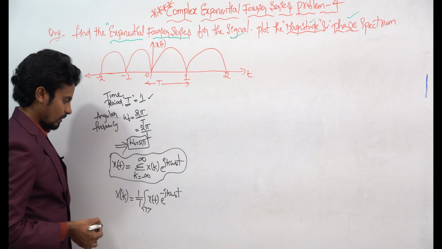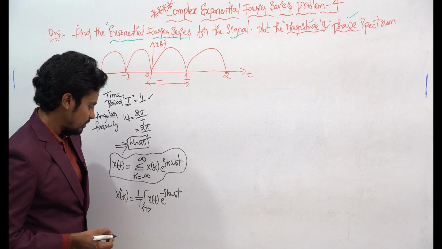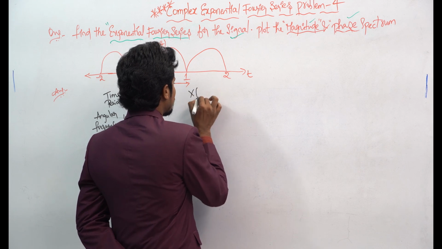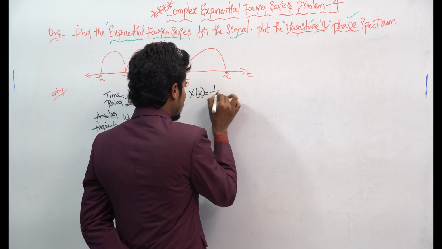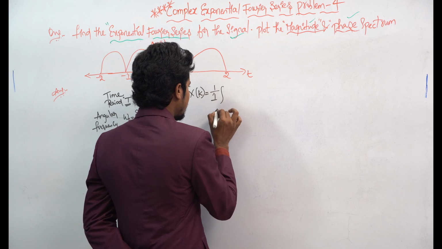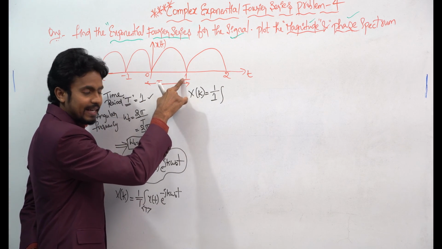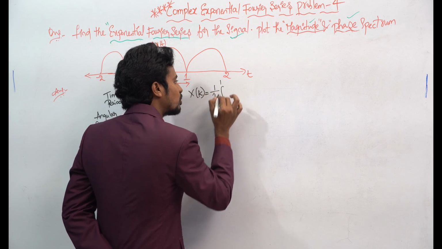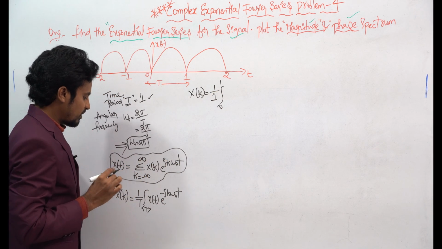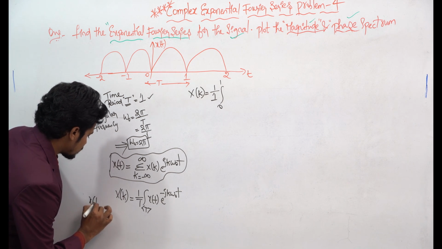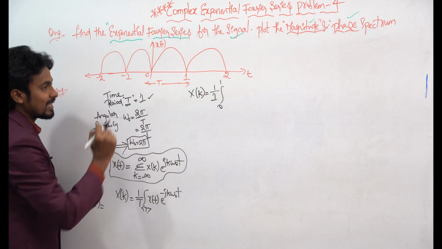Next, substitute the time period T. So X of k is equal to 1 divided by 1 times the integration from 0 to 1. What will be the input signal x of t? Here the input signal x of t is sin pi t.